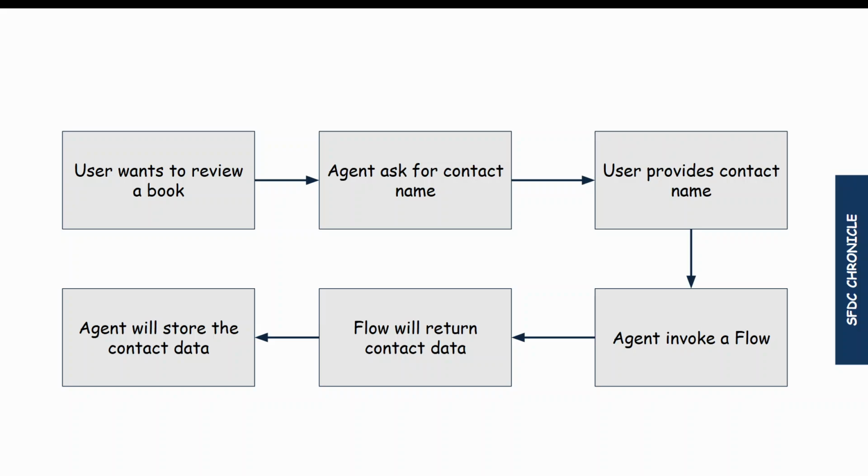So in today's hands-on, let's quickly understand what we are going to build. Let me quickly walk you through the flow. So what we already covered is this flow. When a user wants a book review, they ask, the agent then asks for the contact name, the user provides it, the agent invokes a flow, the flow returns the contact data, and the agent stores that information.